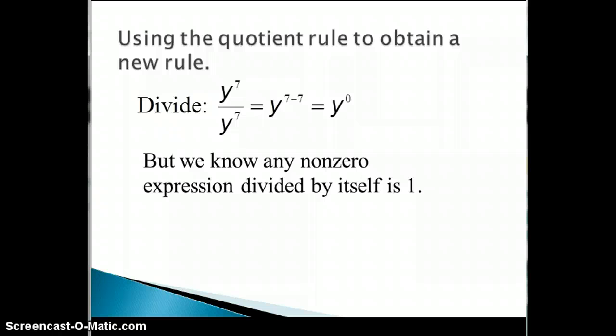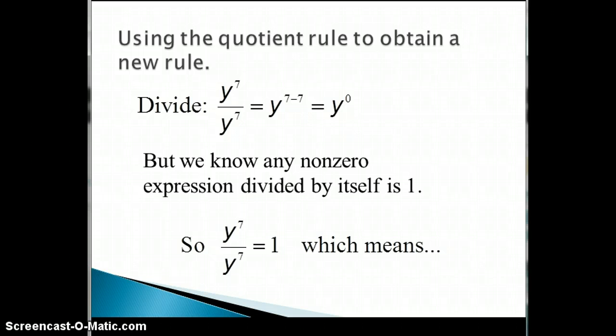Like 5 divided by 5 is 1, 11 divided by 11 equals 1. And so y to the 7th divided by y to the 7th is also equal to 1, because remember that the y represents some real number. So we have some real number divided by the same real number. That's always going to equal 1. So we had y to the 7th divided by y to the 7th equals y to the 0, and we also see that it's equal to 1.